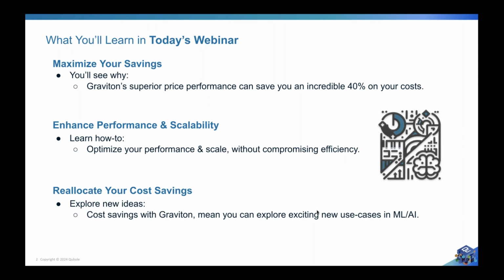In the last couple of years there has been a lot of development in AI and ML use cases, and you can save on traditional use cases and spend that on your ML and AI. Graviton also speeds up and makes sure that ML and AI use cases perform much better on Graviton instances.